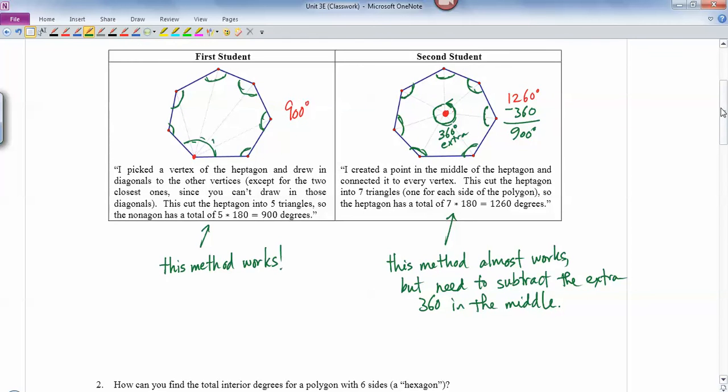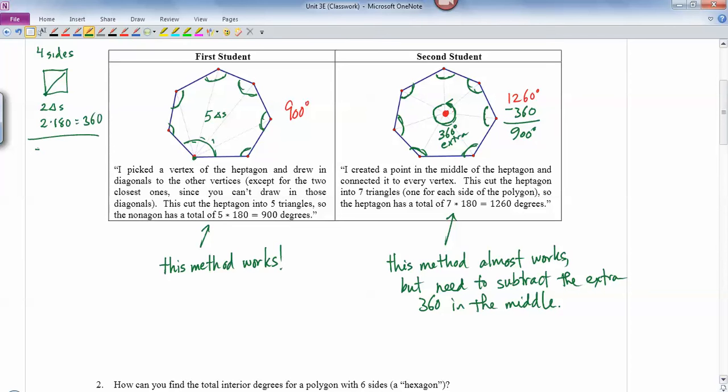Now notice over here, there were 5 triangles, which is 2 less than the 7 sides that this thing has. If I had a 4-sided shape and I tried to use the same process of picking a corner and connecting it to everything, I'm going to get 2 triangles. So 4 sides gives me 2 triangles, which is 2 times 180, or 360 degrees.